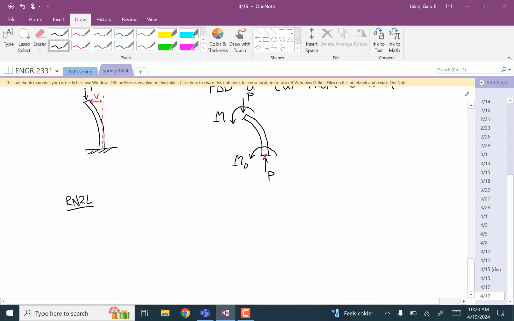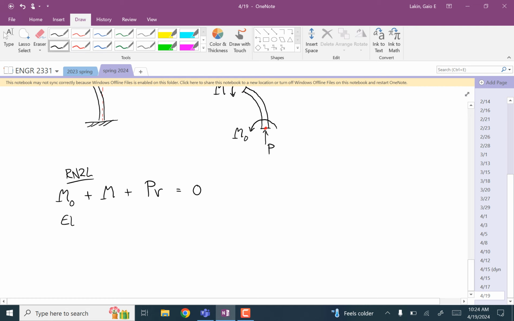We have that M sub 0 plus M plus P times deflection is equal to 0. Because it's an elastic beam, we're going to assume that M is equal to EI V double prime.